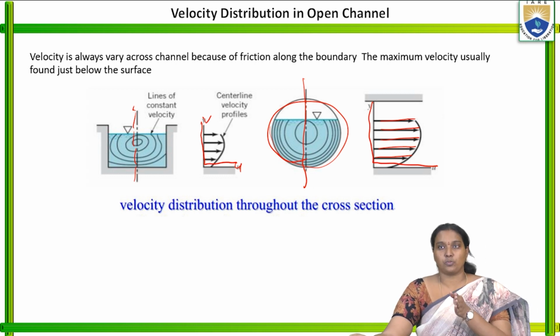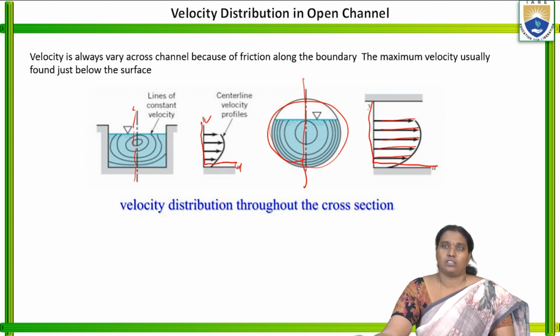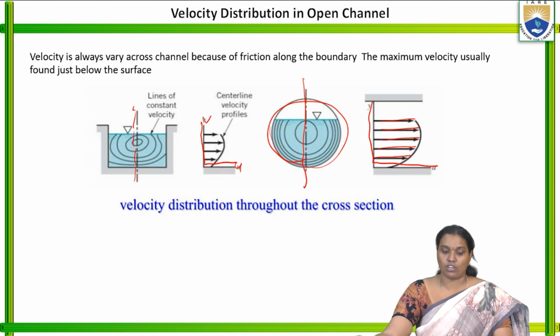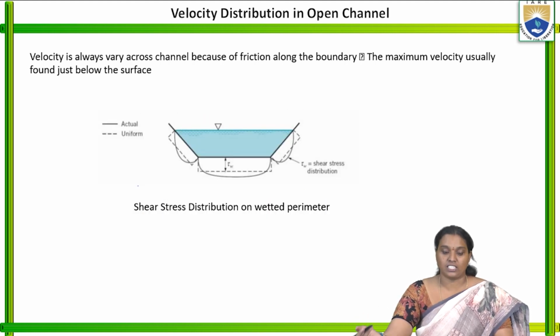The velocity distribution depends upon the direction of the flow and some more parameters, including friction along the boundaries. Because of the friction along the boundary, we understand the variations below the surface.